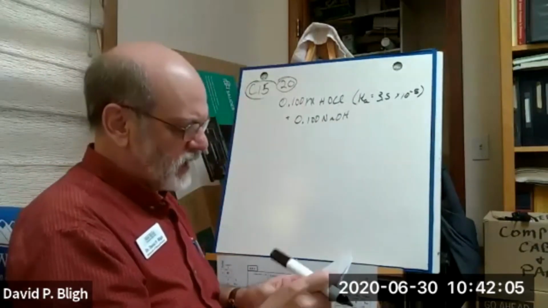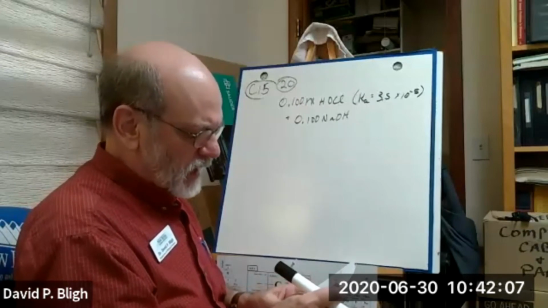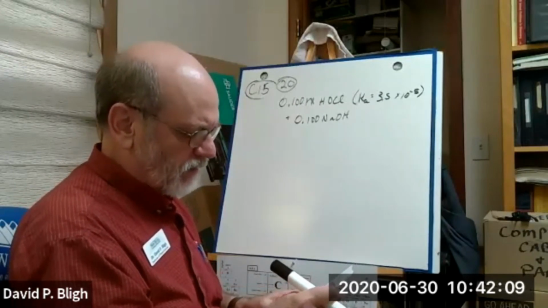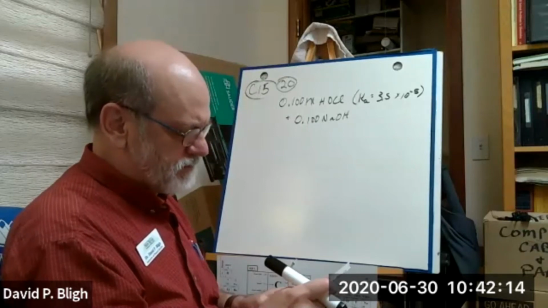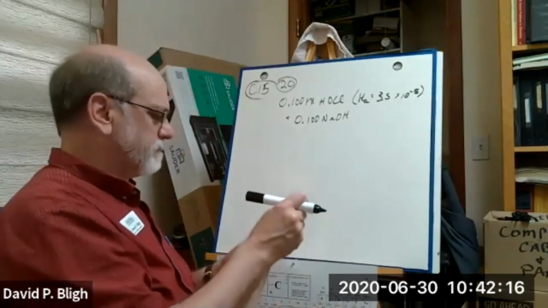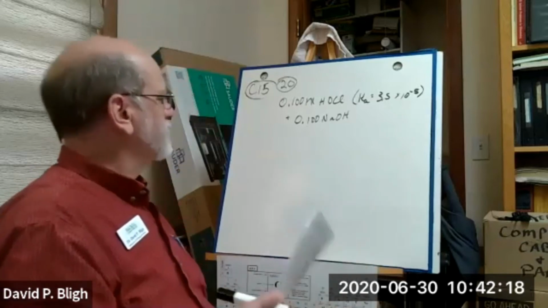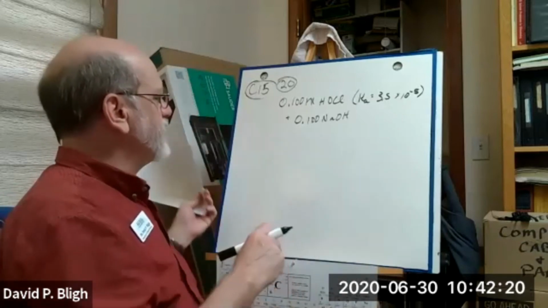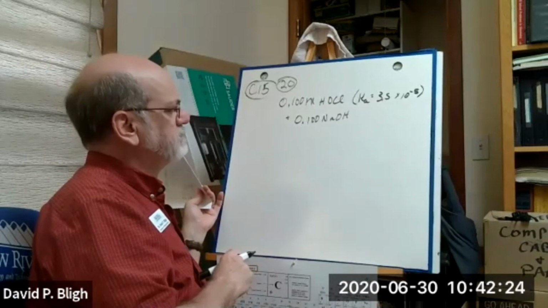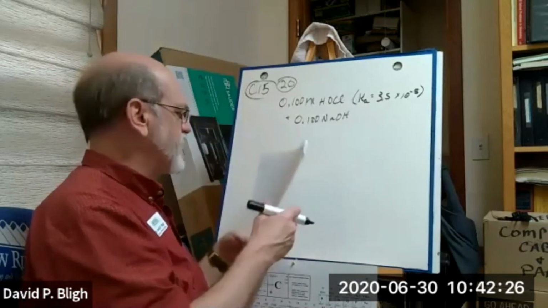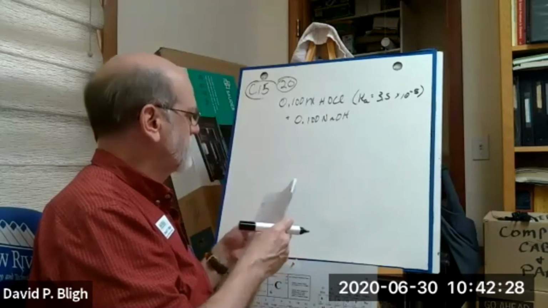So, at the equivalence point, what will be the major species that are present? Right.